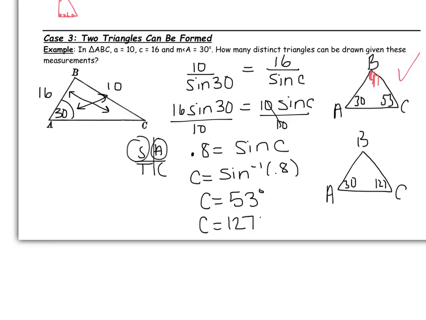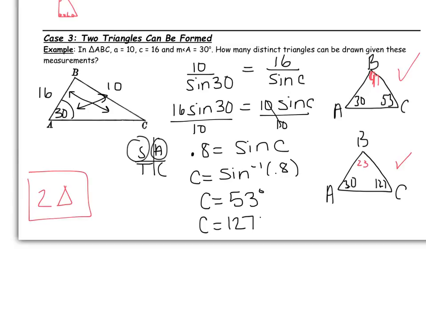Let's try triangle number 2. 30 plus 127. When you add those together, you get 157. So does that work for B to find an angle? Yeah, let's do 180 minus 157, and we get 23. So look, I can make two triangles.